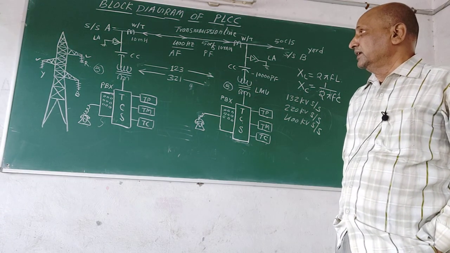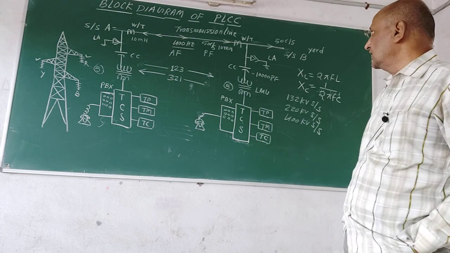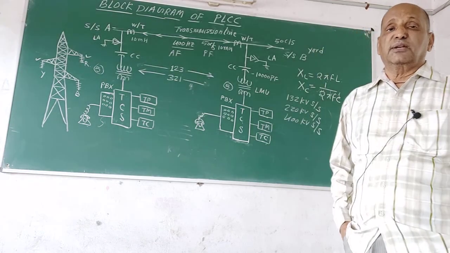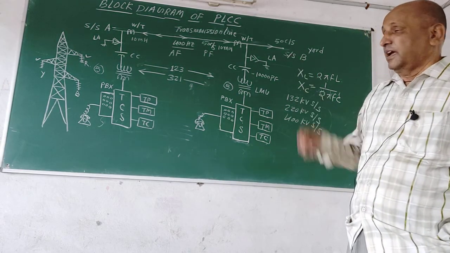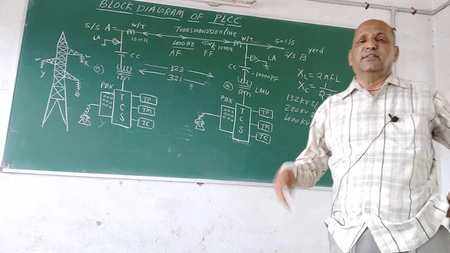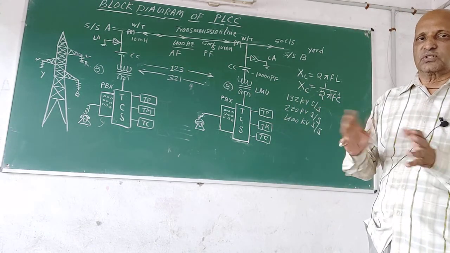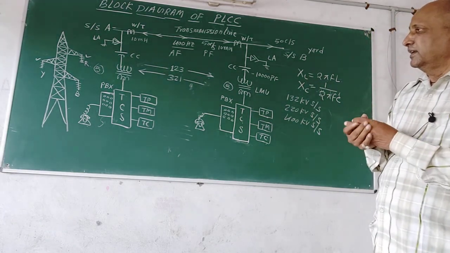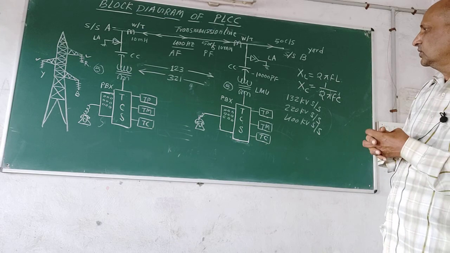Then there is a coupling capacitor, its value is 10,000 picofarad. There is a wave trap, its value is 10 millihenry. Then there is a line matching unit for impedance matching of the two circuits, a power circuit and a communication circuit.